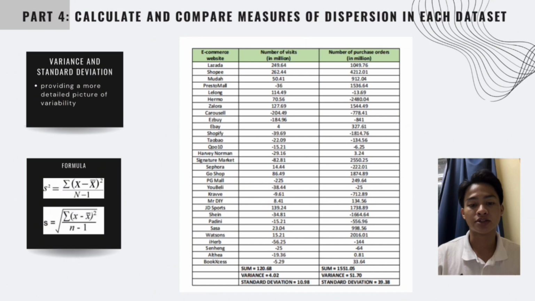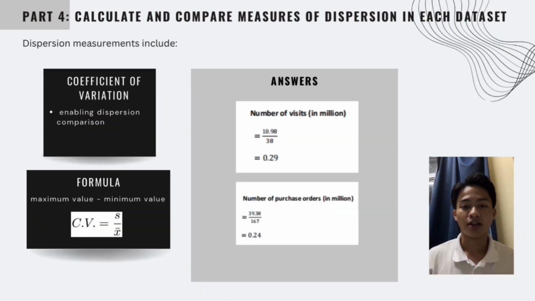Based on the table given, the variance value for the number of visits is 4.02, while the standard deviation is 10.98. Meanwhile, the variance value for the number of purchase orders is 51.70, while the standard deviation is 39.98.